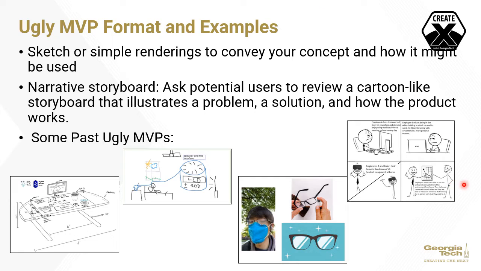This is a virtual reality remote meeting, and that includes VR glasses combined with remote meeting software. And the thesis is people who participate in online meetings will use this product to make meetings more interactive and more engaging. So these are examples of previous ugly MVPs.